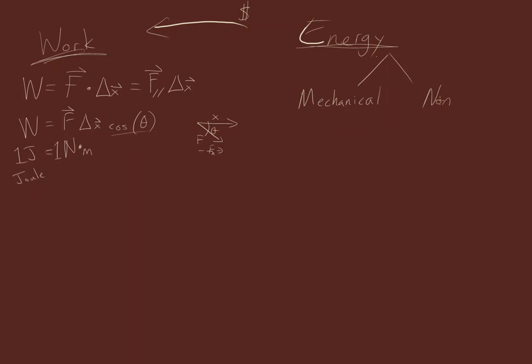Typically, you can kind of distinguish between the two as mechanical is energy that we can still quickly measure or utilize, whereas non-mechanical energy is hard to get back in some form that we can use or measure. Mechanical energy we break into two categories, kinetic and potential.